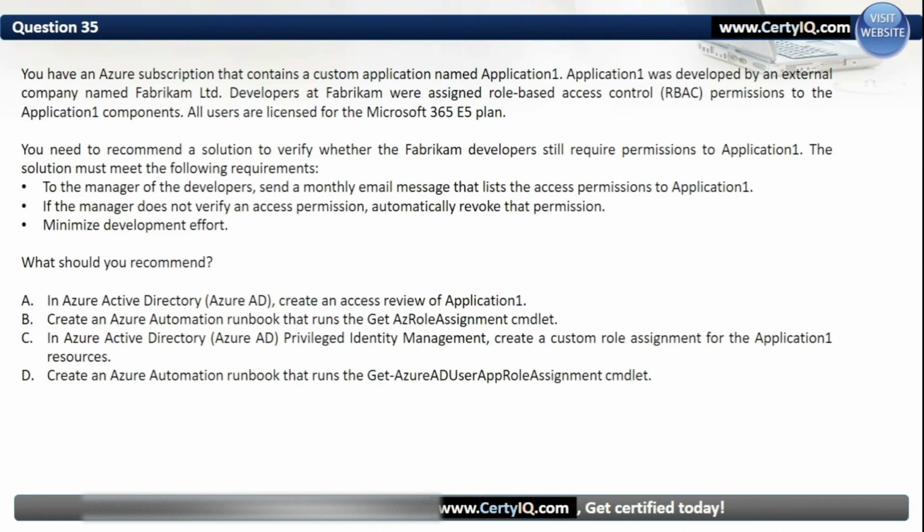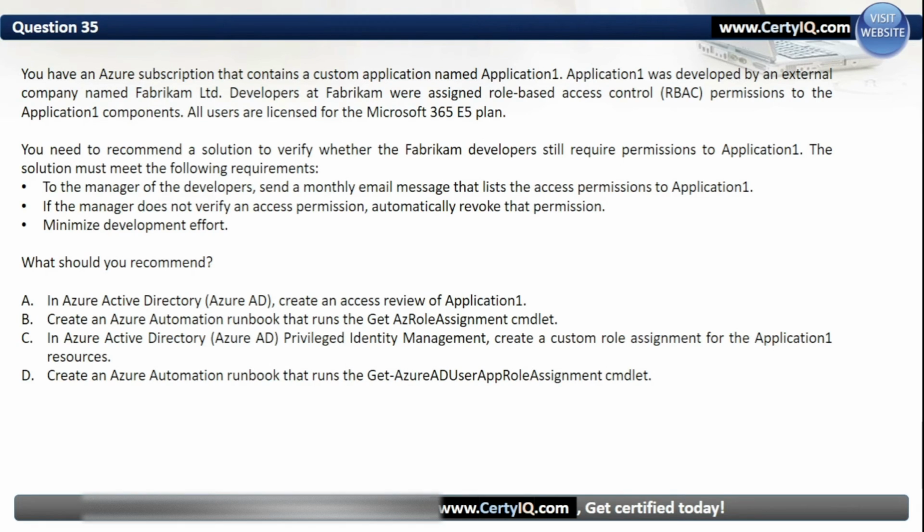Question 35. You have an Azure subscription that contains a custom application named Application1. Application1 was developed by an external company named Fabrikam Limited. Developers at Fabrikam were assigned role-based access control permissions to the Application1 components. All users are licensed for the Microsoft 365 E5 plan.